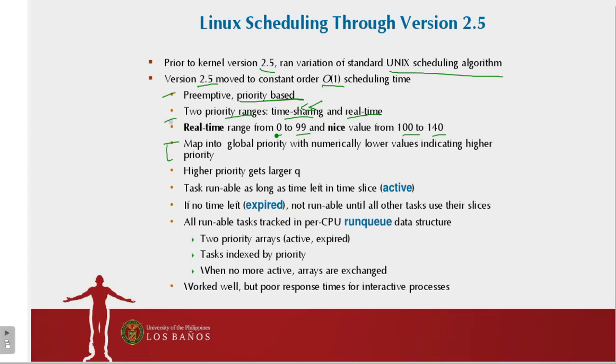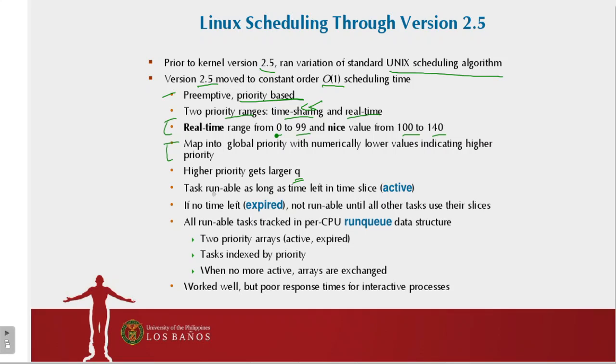So this is the user's way to indicate priority, but internally there is a corresponding conversion that happens. Higher priority gets a larger quanta or time slice, or a higher amount of time to spend on the CPU.